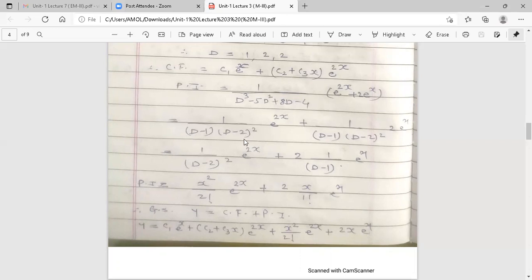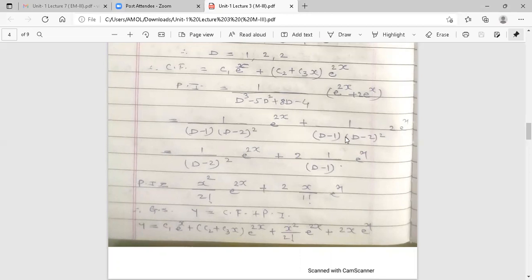But for this, you use that formula 1 upon (D minus a) to the power r into e raised to x. So first solve for D minus 1. So replace D by 2, 2 minus 1, 1. So we have this term plus the second term, 2 constant, right? 2 as it is. Now the exponential function is e raised to x. The coefficient of the exponential function is 1.